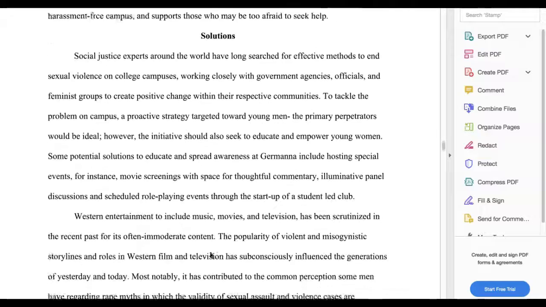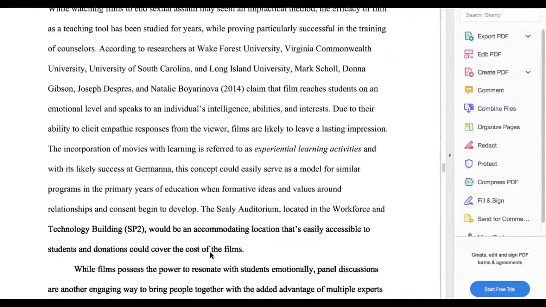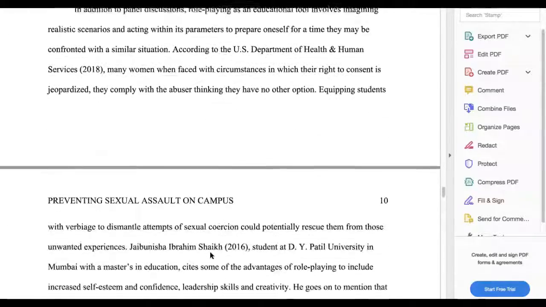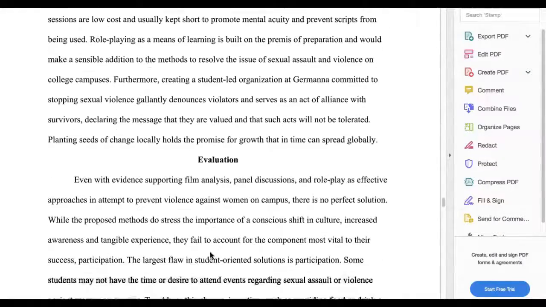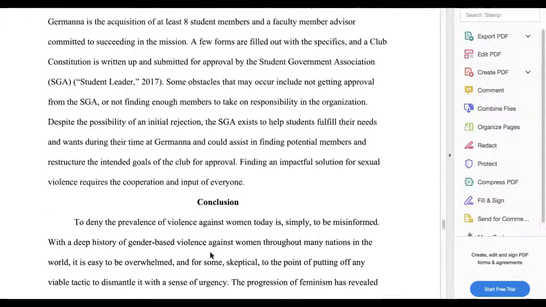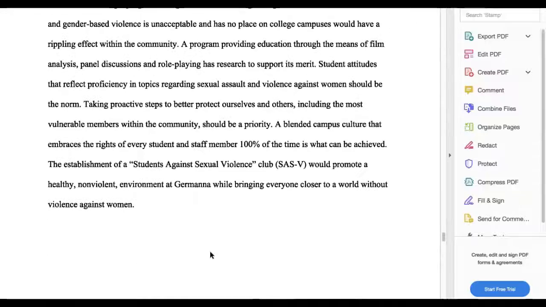And then she offers solutions. And after she offers her solutions, she gives her evaluation and implementation, and then she concludes with her obvious conclusion.